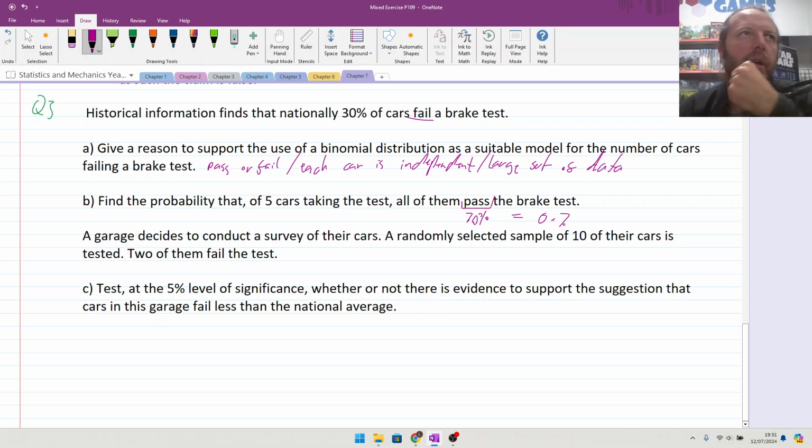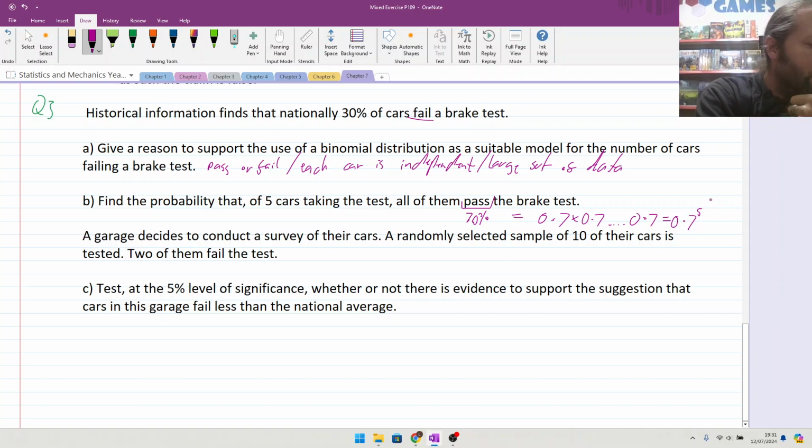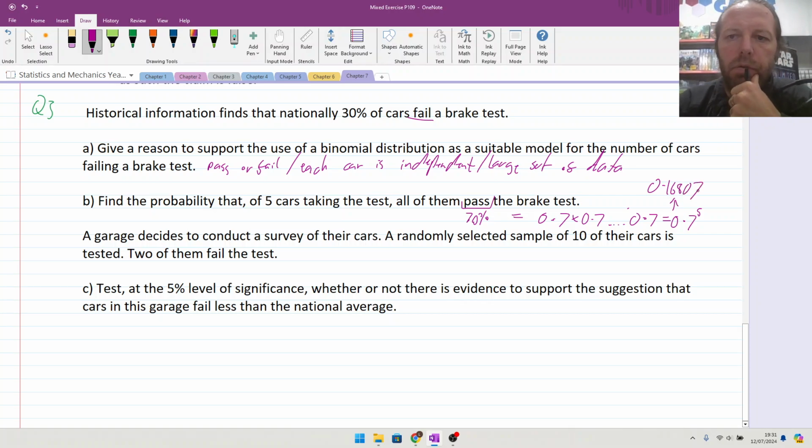And so if car 1 passes, 0.7 chance, car 2, 0.7, 3, 0.7, and so it carries on going down until we have done all 5 cars, and we've got 0.7 to the power of 5, which is 0.16807. There we go. So 16% chance that 5 cars will pass.